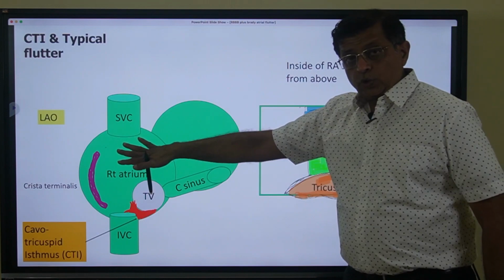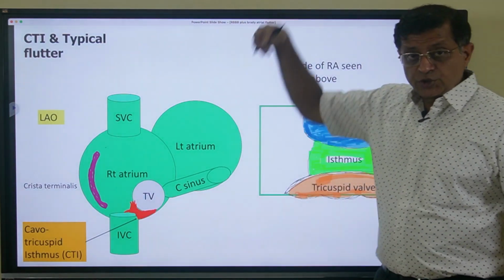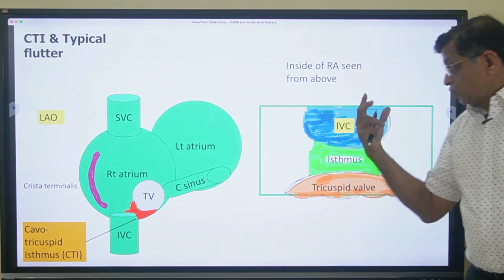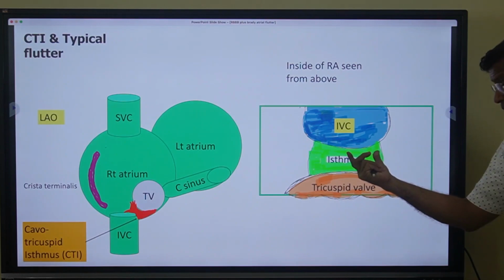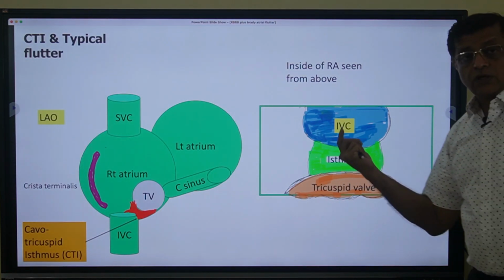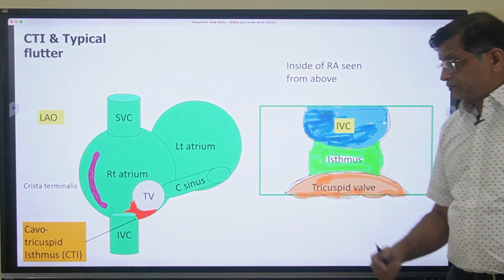This is how it would look in left anterior oblique view. But if you cut open the right atrium and see from above, you will see the inferior vena cava and tricuspid valve separated by this isthmus. This isthmus causes an impediment to impulse transmission and therefore gives rise to re-entry.